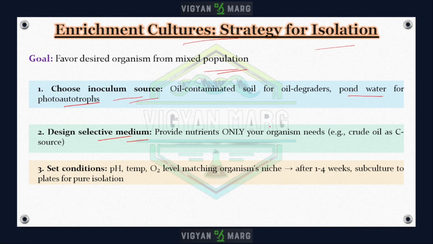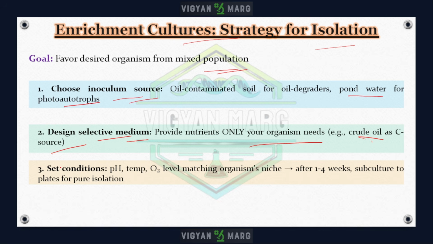This is the main thing you have to do, that contains nutrient only your target can utilize and grow on that medium. For example, a medium where crude oil is the only carbon source for oil degraders, or a defined mineral medium with CO2 and light for phototrophs. You need to keep these things in your mind.